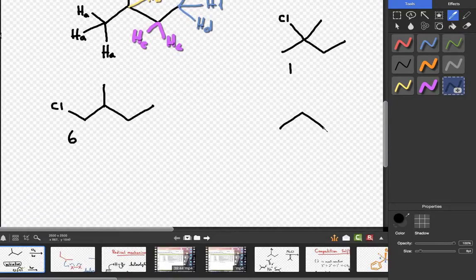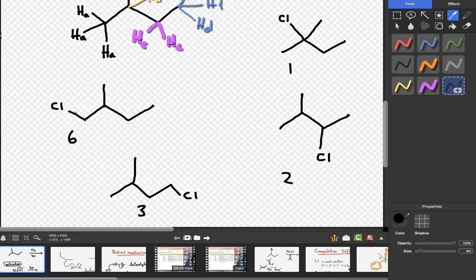Yet another unique product, and we're ignoring stereoisomers, of course, would be this one. And there are 2 hydrogens that I could remove. Finally, even though this has 3 and it's a methyl and these are methyls, they're not the same.